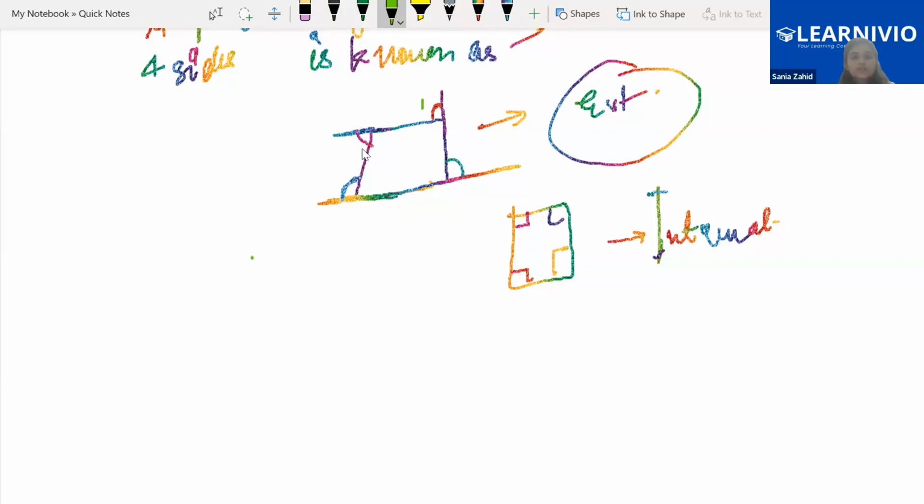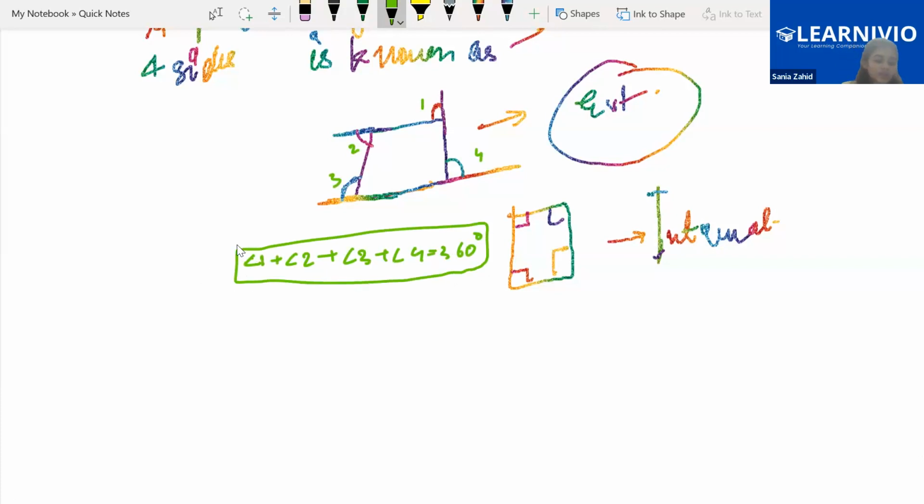Like this is angle one, this is angle two, this is angle three, and this is angle four. So the sum of angle one plus angle two plus angle three plus angle four will give you 360 degrees always, for every single type of quadrilateral or polygon.